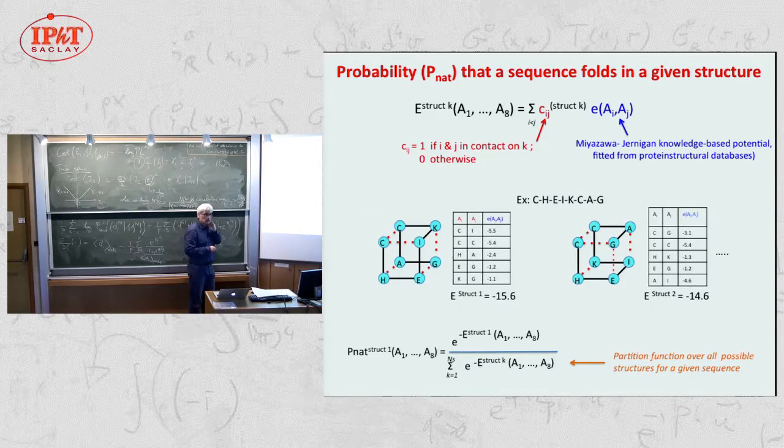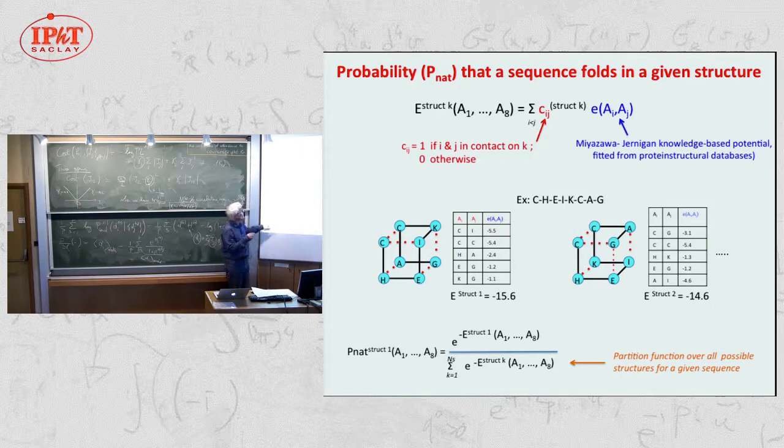Okay, so now how do we know whether this particular sequence, C, H, E, I, K, and so on, is falling into this structure or another one? For the given sequence, we compute all the energies over all the possible structures, and then we define a Boltzmann distribution for the different structures conditioned on a sequence.